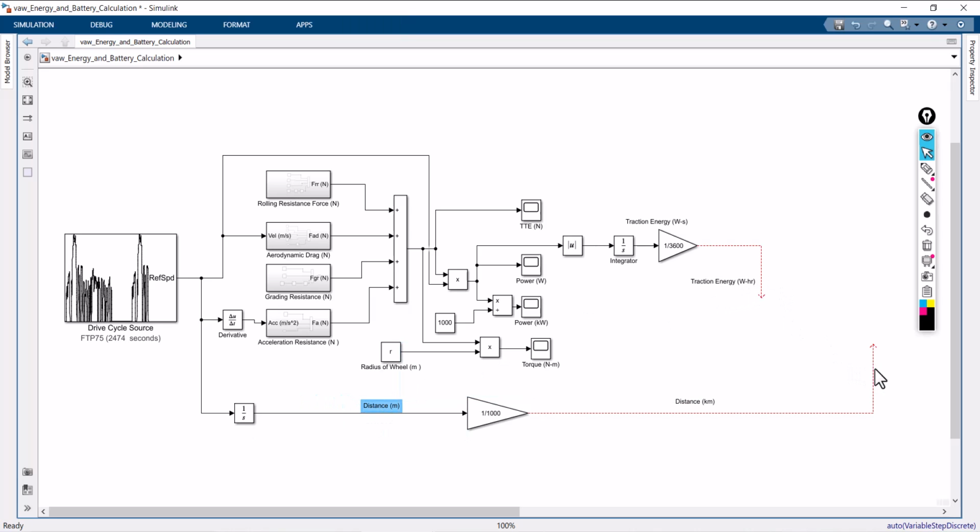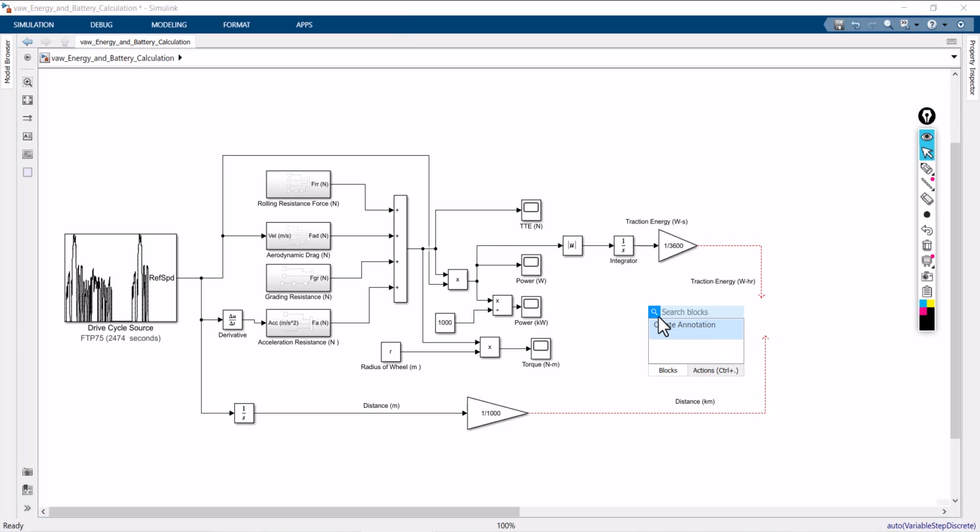Here the energy in watt hour is available. I need watt hour per kilometer. So take a divide block.